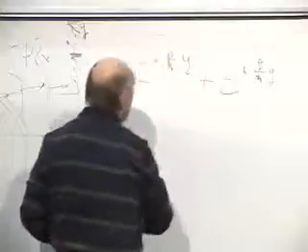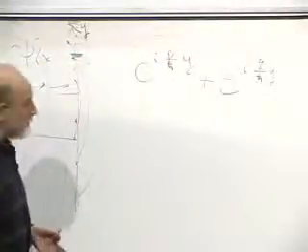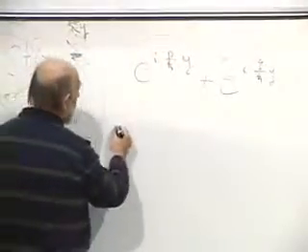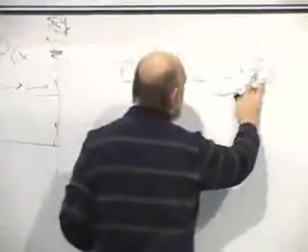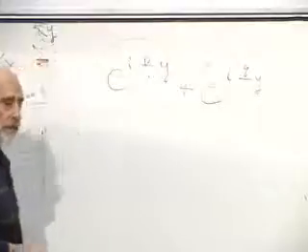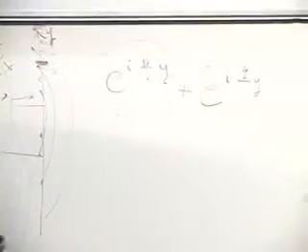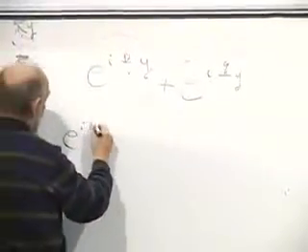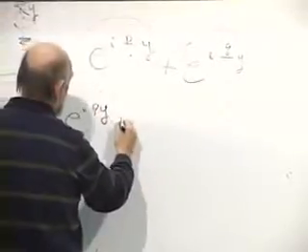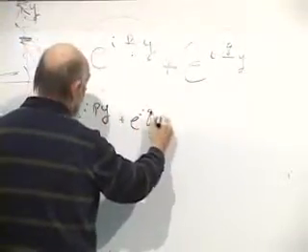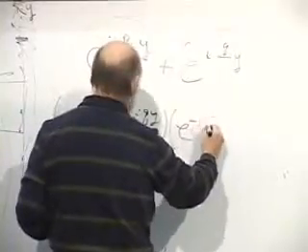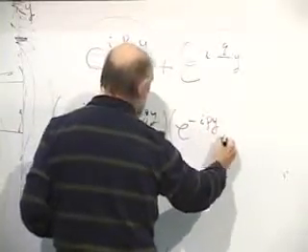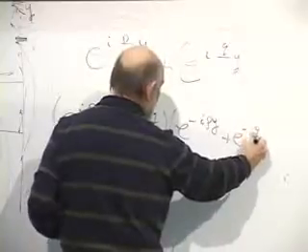All we have to do is take this and multiply by its complex conjugate. So let's do it. Let's get rid of the h bar. Let's work in units where h bar is equal to 1. We get tired of writing it. So it's e to the I py plus e to the I qy, but then we have to multiply it by e to the minus I py plus e to the minus I qy.